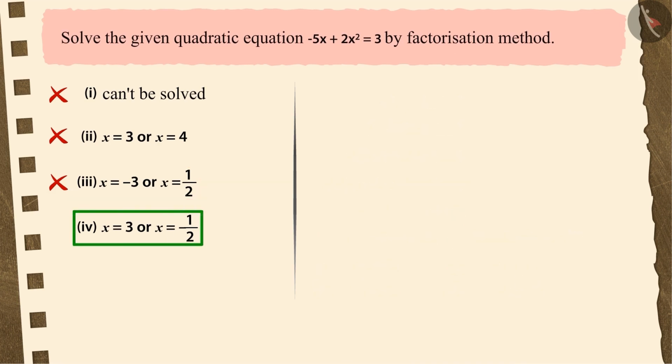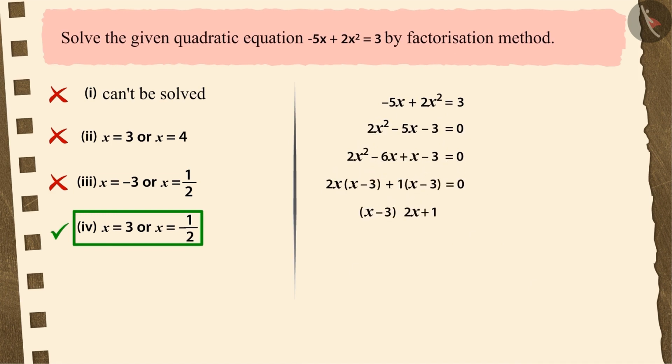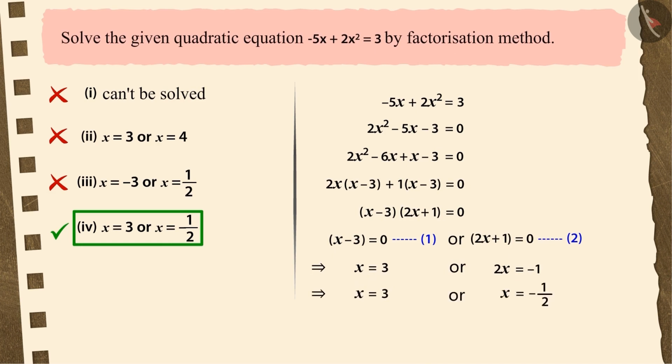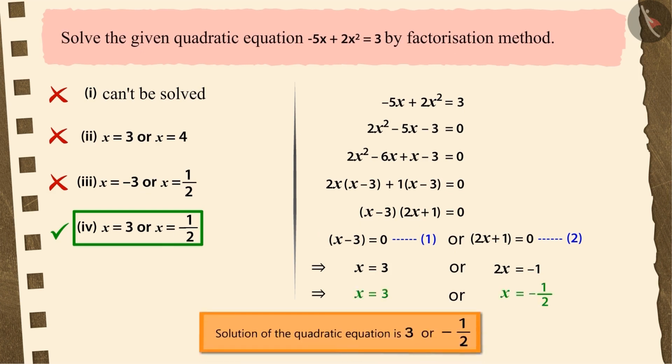If you chose option 4, then it's the correct answer. Putting each linear factor of this quadratic equation equal to 0, and changing the signs while solving equations 1 and 2, on solving it, we get a unique solution for the quadratic equation.